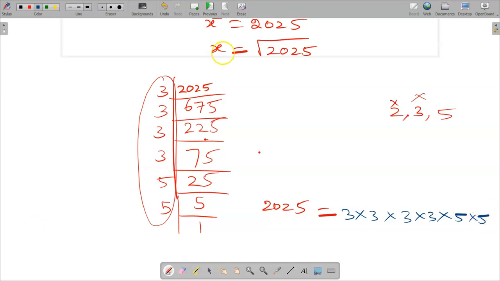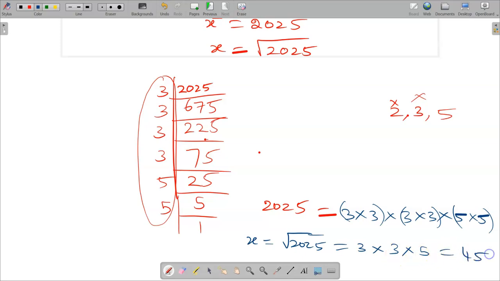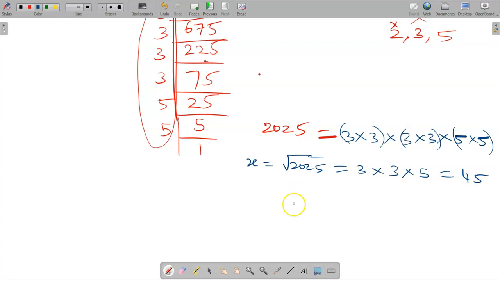So I need to find x, which is nothing but the square root of 2025. In order to find the square root, from each pair I have to write only one number. So from this pair it is 3, from this pair it is 3, from this pair it is 5. So 3 3s are 9, 9 5s are 45. So the square root of 2025 is 45.